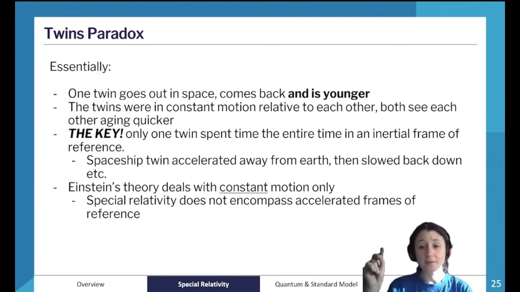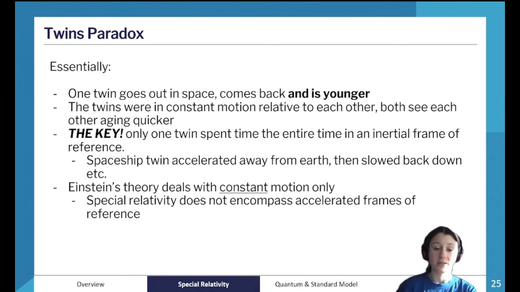And then coming back and slowing down to land on Earth. So, Einstein's theory deals with constant motion only. Special relativity does not encompass accelerated frames of reference. So this is why this happens.